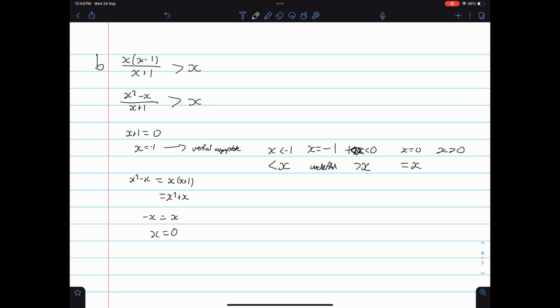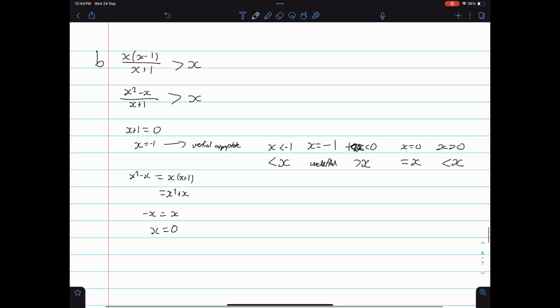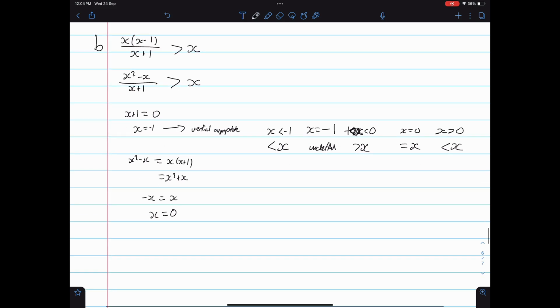And then if x is greater than 0, it becomes less than x again. So the answer is minus 1 less than x, strictly less than 0.